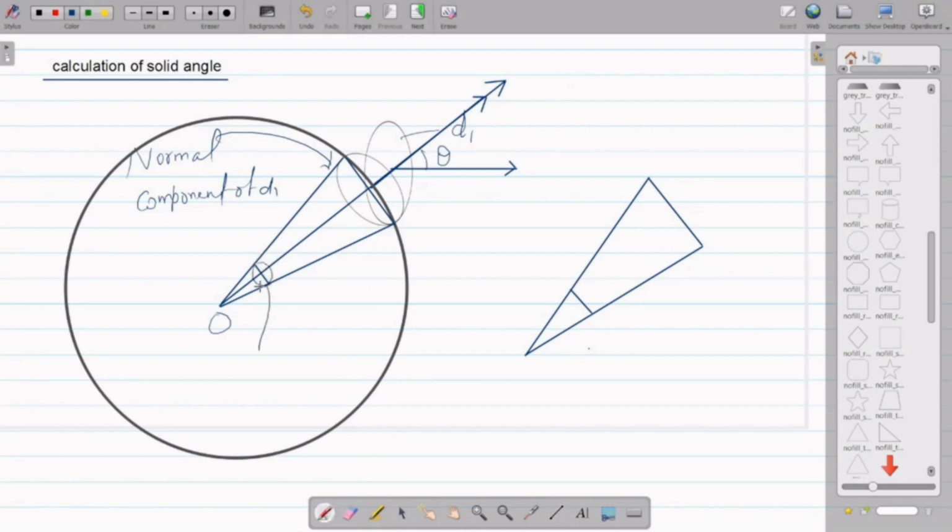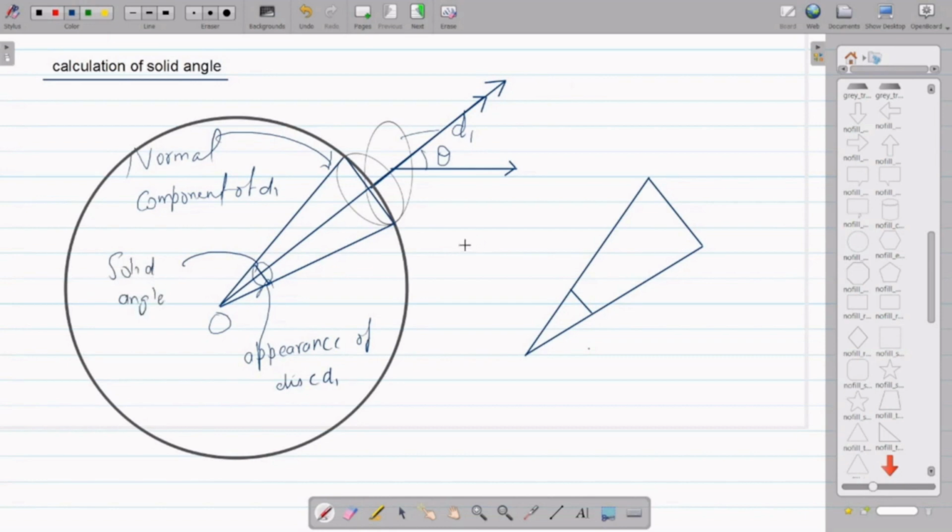The appearance of disk D1, and it is nothing but the solid angle, right?